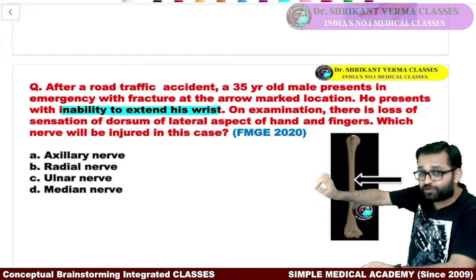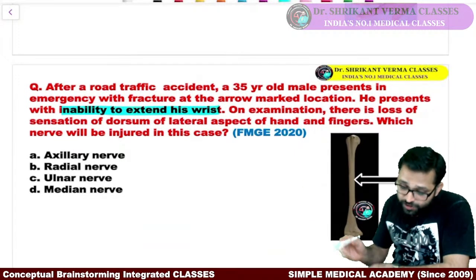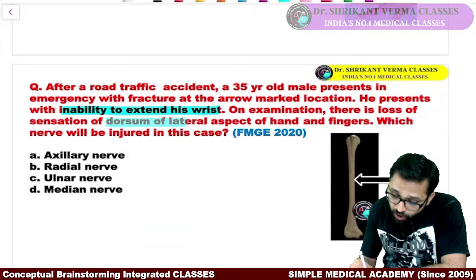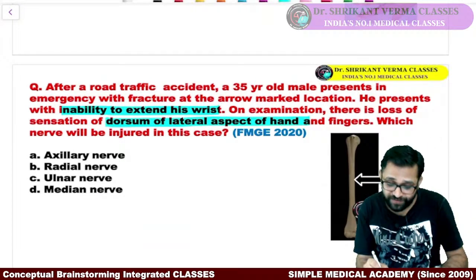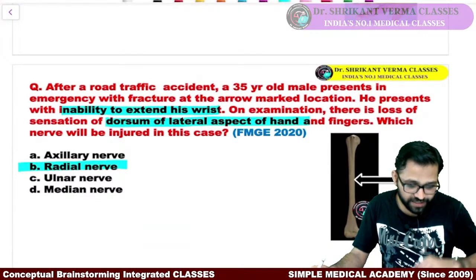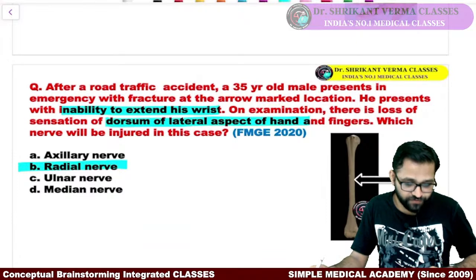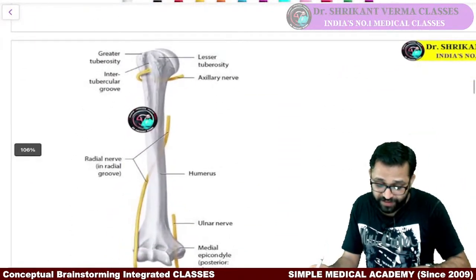So the patient is not able to extend the wrist. This is your wrist drop. Also there is loss of sensation over the dorsum of the hand, so the dermatome of the lateral side of the hand has gone. So definitely your answer is radial nerve. Yes, correct Christina, you are right. Preeti Rani, you are also right beta. Fine. So now we are going to look at another very important relation.